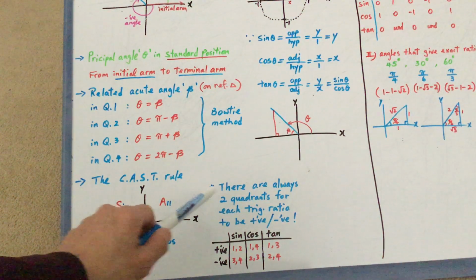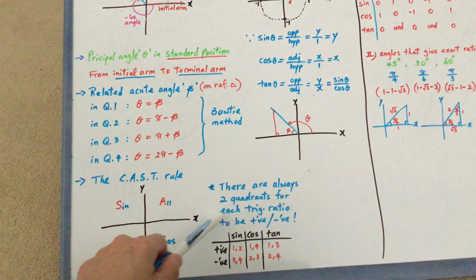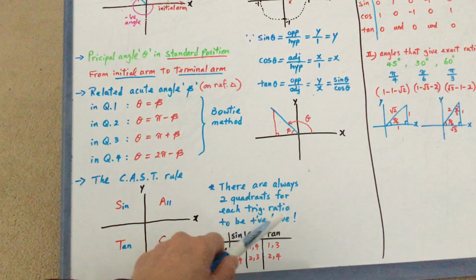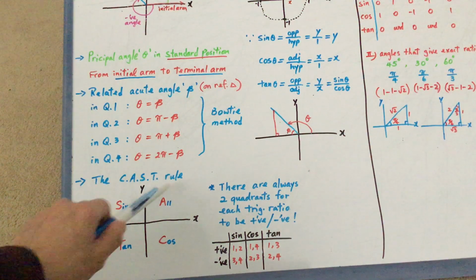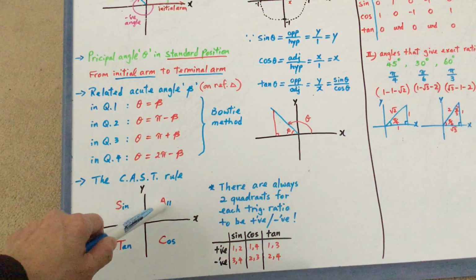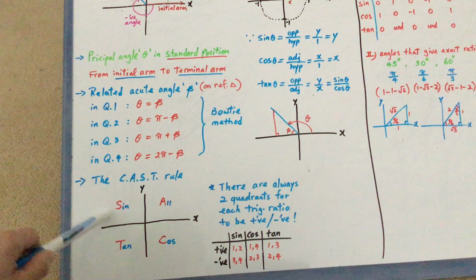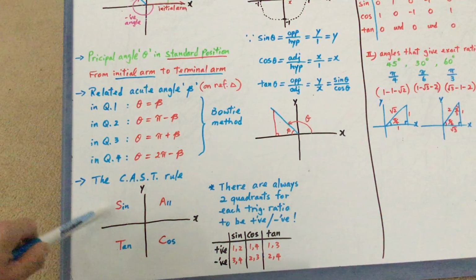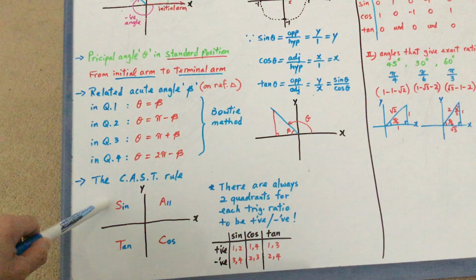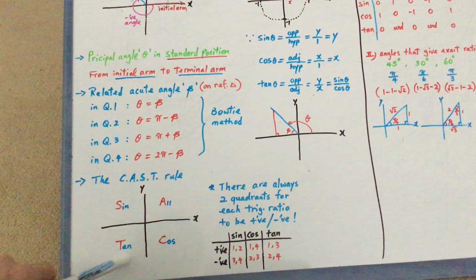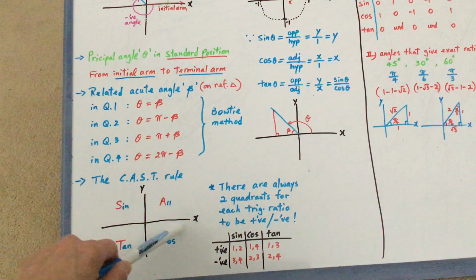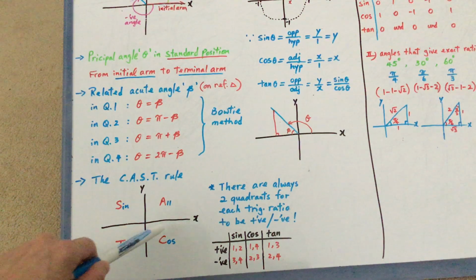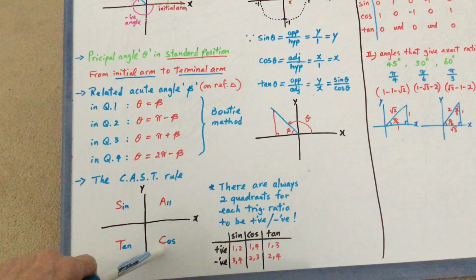Just keep in mind that there are always two quadrants for each trig ratio to be positive or negative. If you look at my diagram here, all ratios will be positive in quadrant 1. Only the sine ratio is going to be positive in quadrant 2, only the tangent ratio will be positive in quadrant 3, and only the cosine ratio will be positive in quadrant 4.